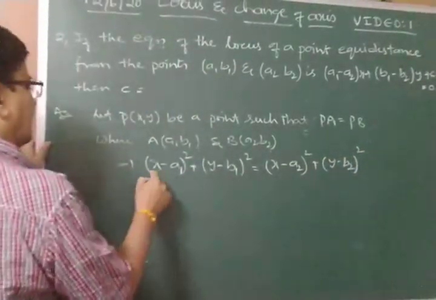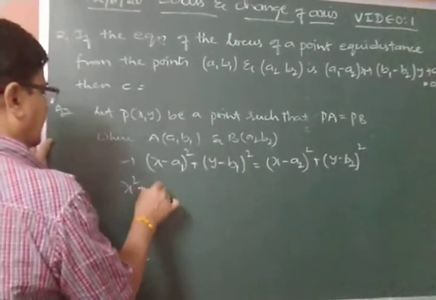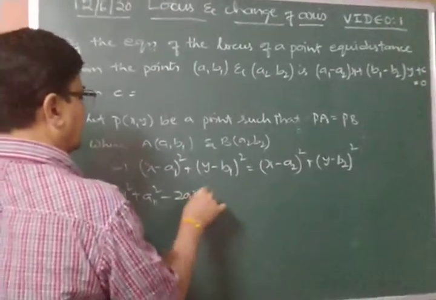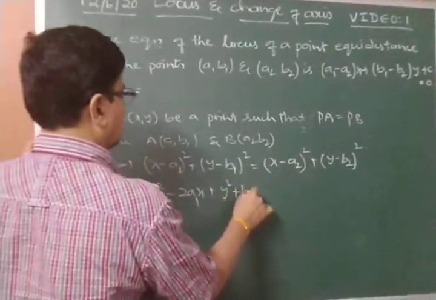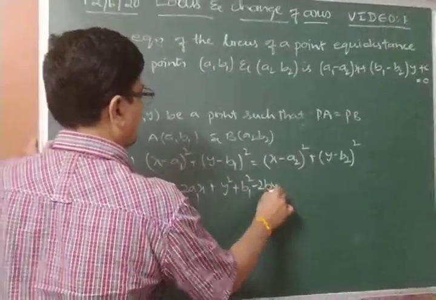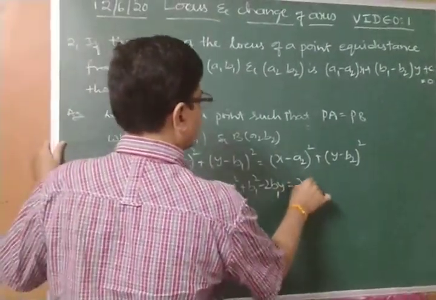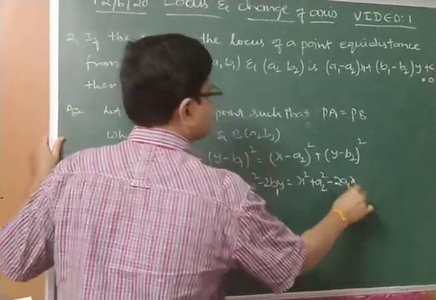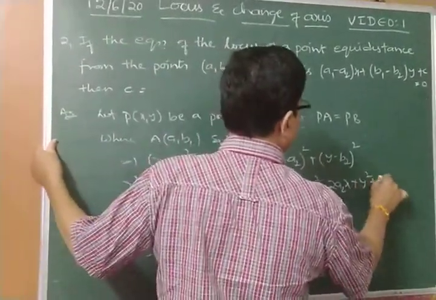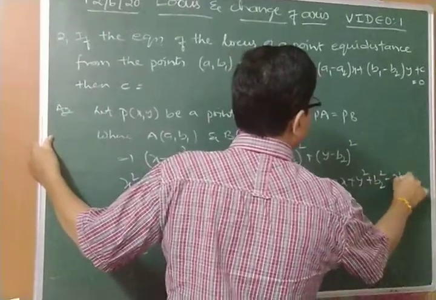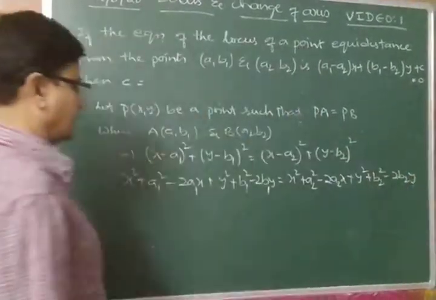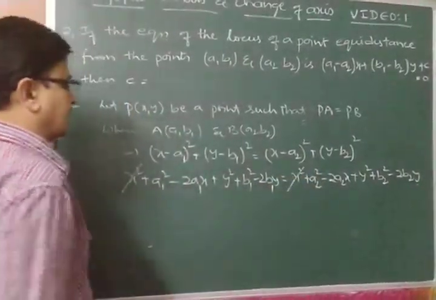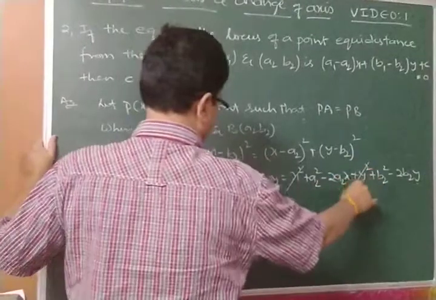Squaring on both, expanding: x square plus a1 square minus 2 a1 x plus y square plus b1 square minus 2 b1 y is equal to x square plus a2 square minus 2 a2 x plus y square plus b2 square minus 2 b2 y. Now here x square and here x square both are cancelled, y square is cancelled.